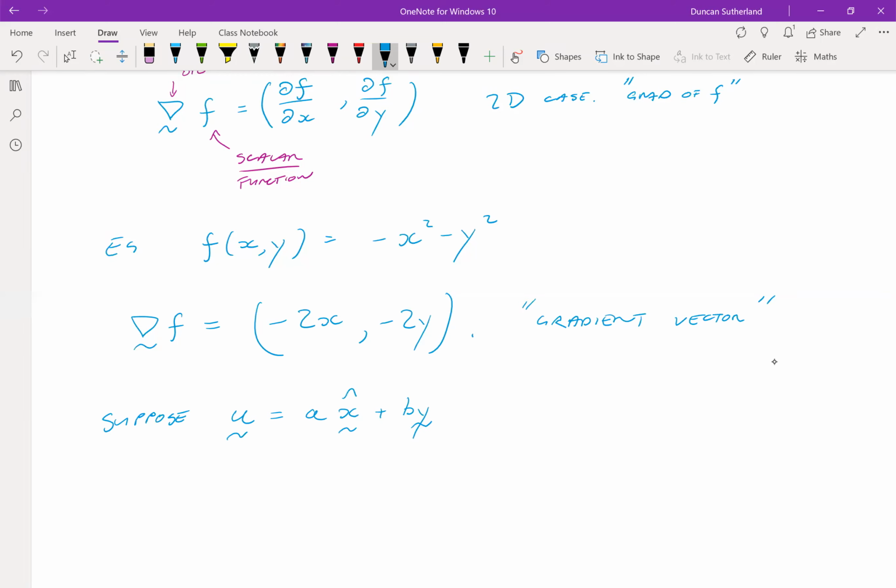So I'll use these little x hat, y hat vectors as unit vectors, that is, vectors of length 1 in the x direction and the y direction, respectively. Right, if anything's got a hat on it, that means it's normalized to be length 1, or unit length.